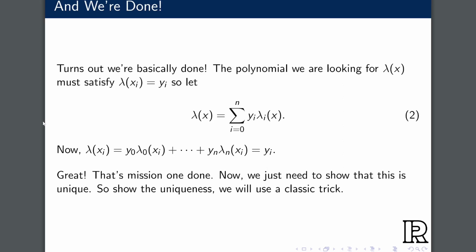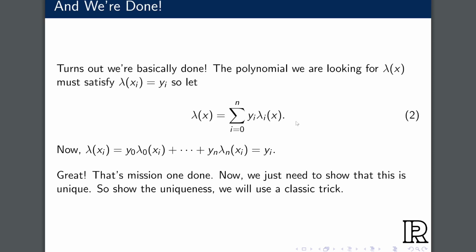And so at each xi, only one of these lambda i's will be non-zero, and it's going to have the value yi, which is the value we want. And you can run through the algebra yourself. It's pretty quick. Just do it for like 3 points, and it becomes immediate that this polynomial does the job that we want.